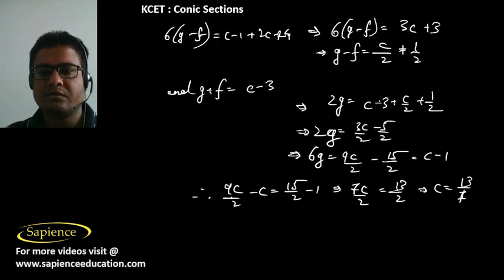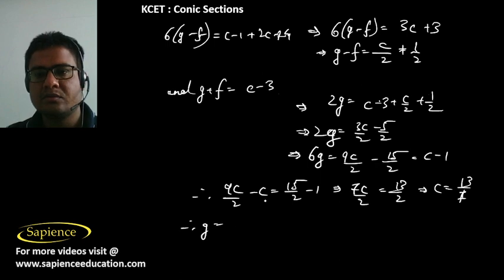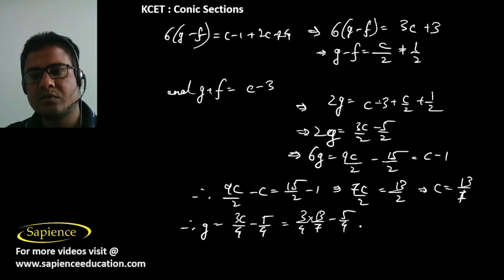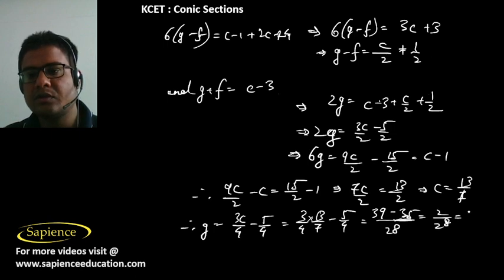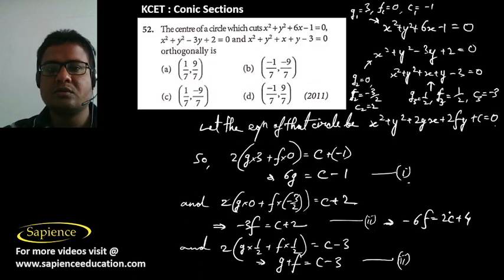And from here we can find g. So g will be equal to 3c by 4 minus 5 by 4. So that is equal to 3 by 4 into 13 by 7 minus 5 by 4. So this will be equal to 4 7s are 28, and this is 13 3 are 39 minus 7 5 are 35.